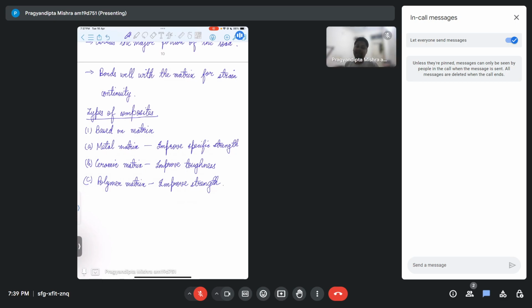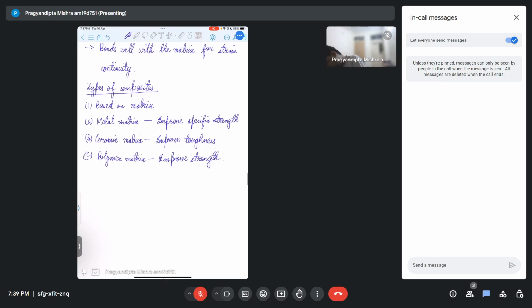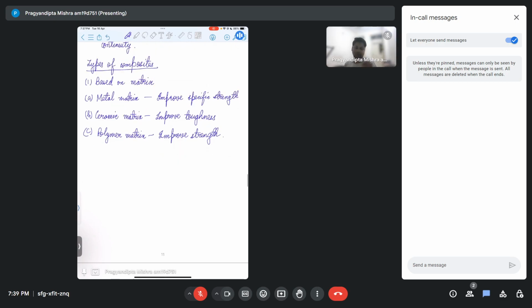Okay, so it could be particle reinforced. We'll not go into detail about each of these, but you can just keep it in mind. It could be continuous fiber reinforced. So it could be particles that are used as reinforcement, where you'll have small particles, or it could be continuous fiber.